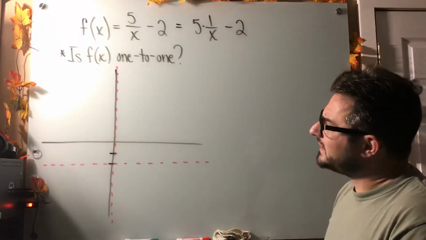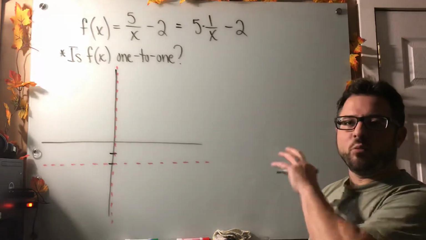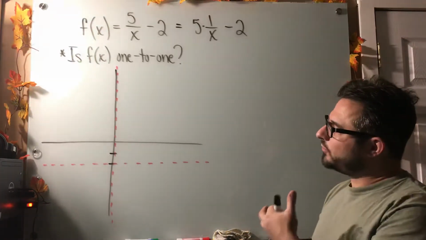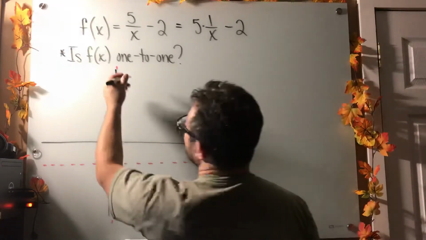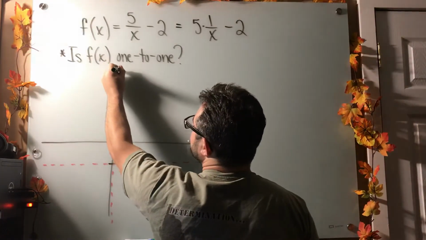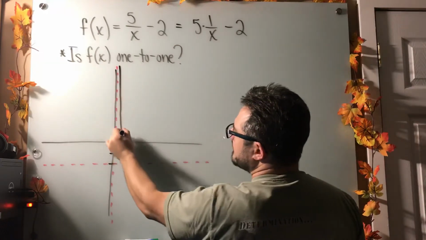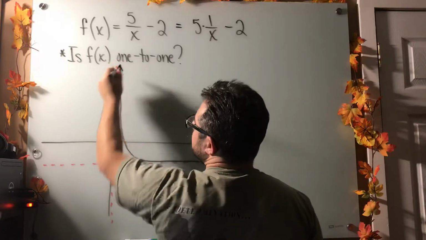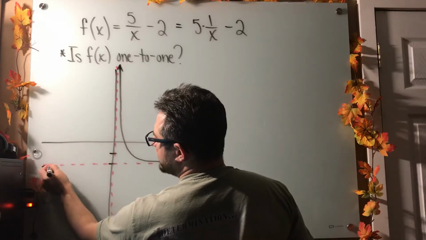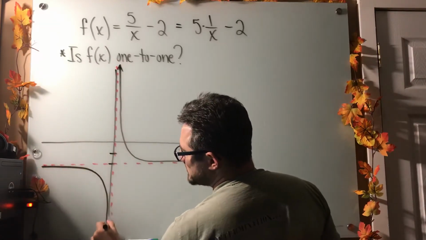The important thing here isn't exactly the coordinates of all the points, it's more getting a feel for the graph. And the fact of the matter is that a vertical distortion might make it steeper but it's not going to change the fact that it is still in these 2 quadrants.